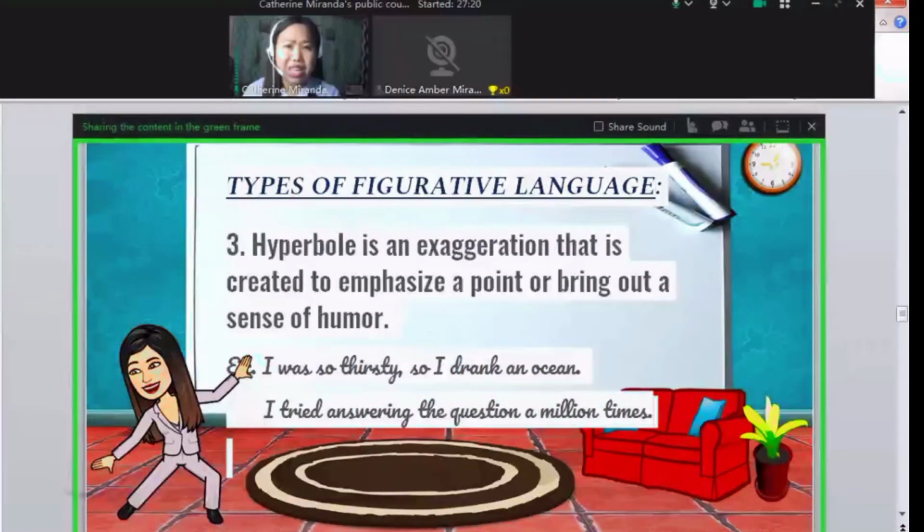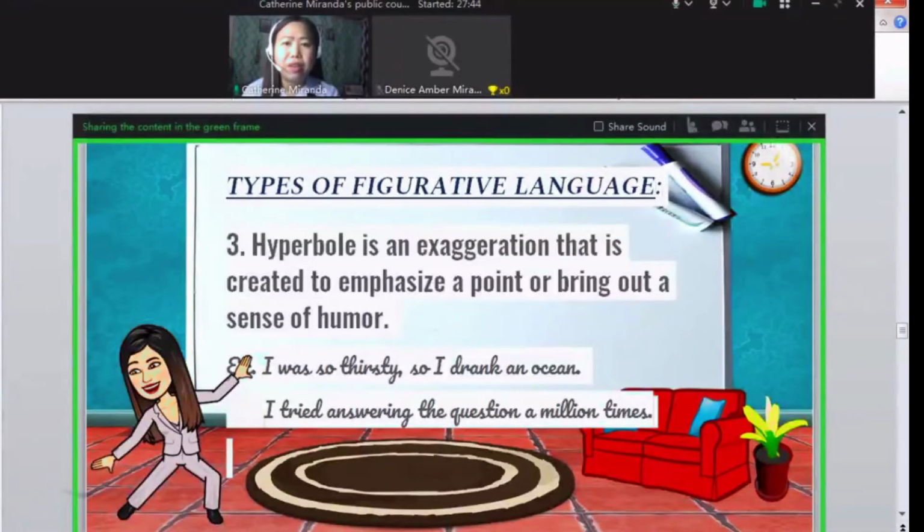Definitely, this is an exaggeration. Another example is, "I tried answering the question a million times." So drinking an ocean and answering a question millions of times is an exaggeration. That's why this is under the hyperbole in our figurative language.